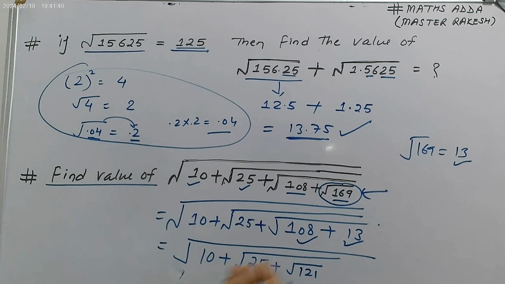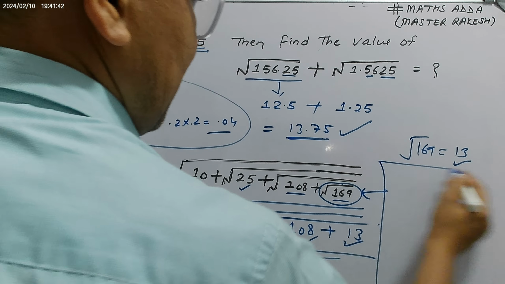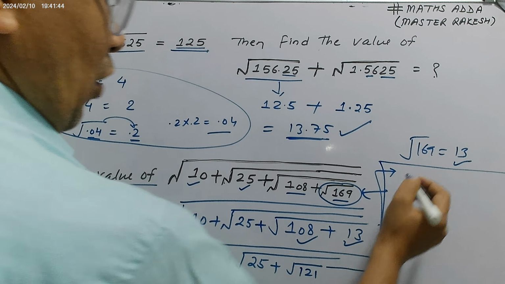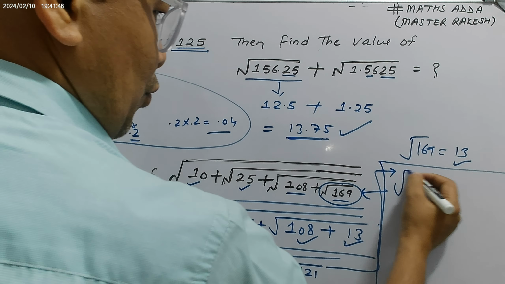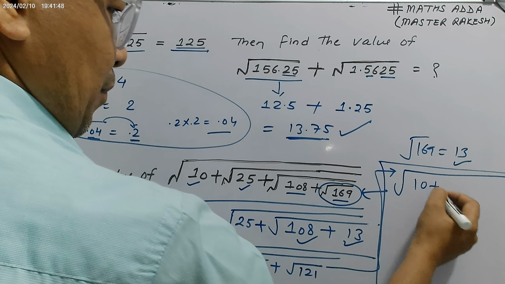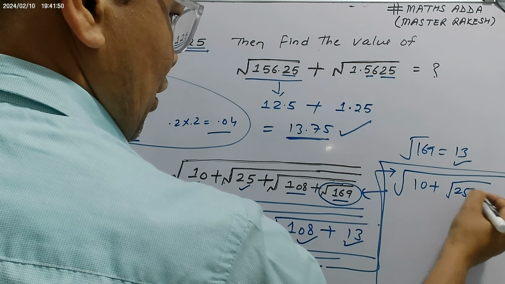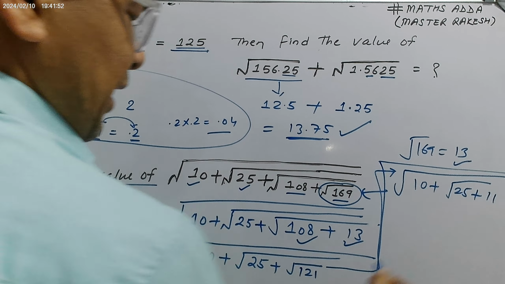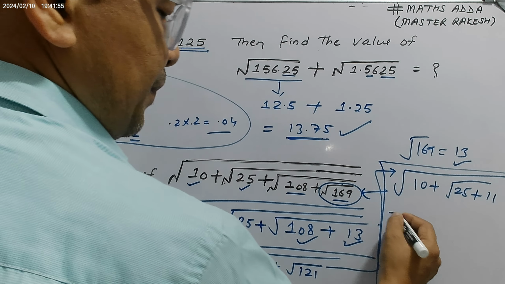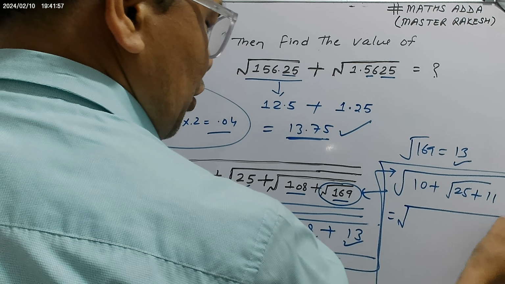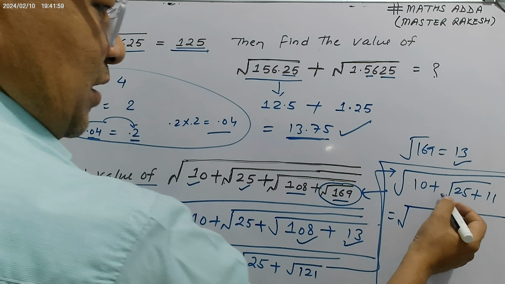So when it becomes 121, I'm solving here. Root 121 is always 11, since 11 ka square is 121.